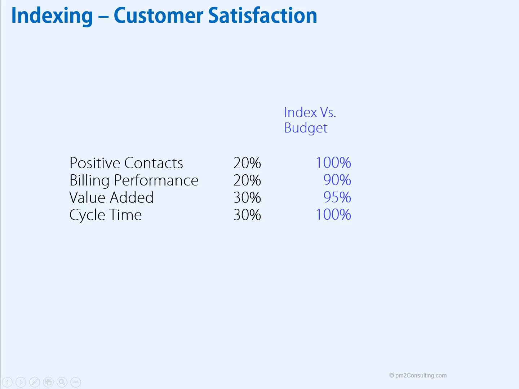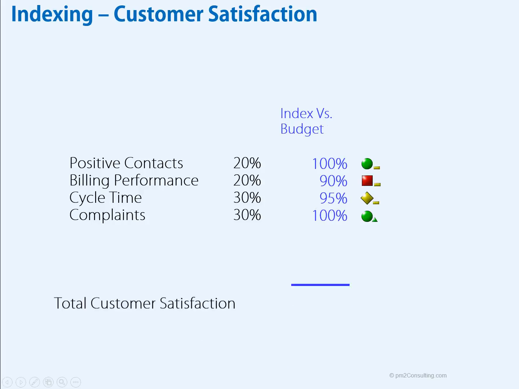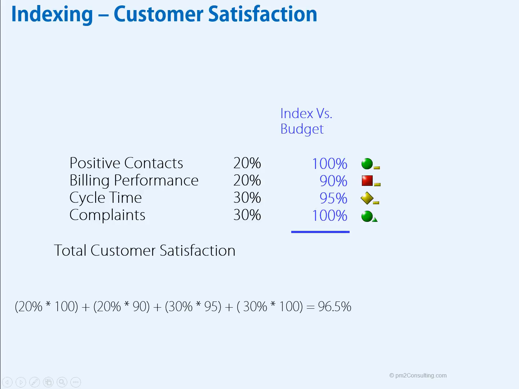Now, if I compare that to budget, I might say I'm 100% of budget, 90% of budget on billing performance, 95% on value added, and 100% on cycle time. So to calculate our performance, I can multiply the performance times the weighting. So 20 times 100 plus 20 times 90 plus 30 times 95 plus 30 times 100.